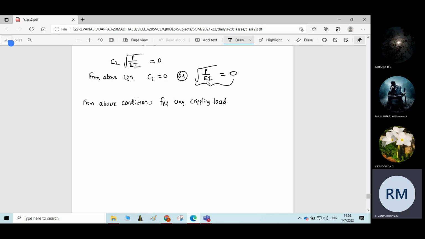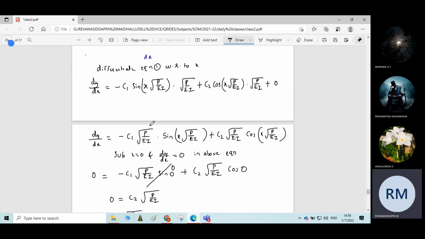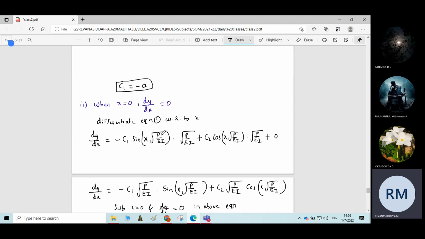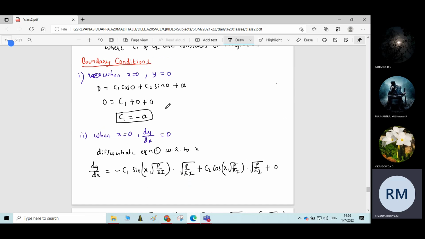Even Young's modulus is there for the column, moment of inertia is also there. For any crippling load, the root of P by EI cannot be equal to 0. Therefore, we can take C2 equal to 0. Now we got the value of C2 and the value of C1. C1 is equal to minus A, C2 is equal to 0. You substitute C1 and C2 values in this equation 1.